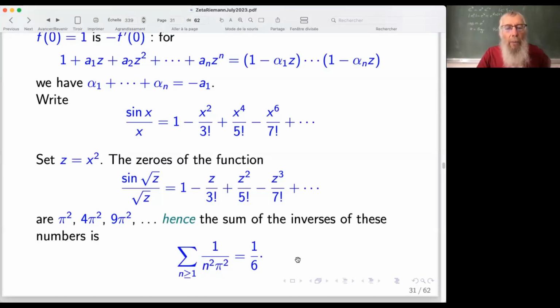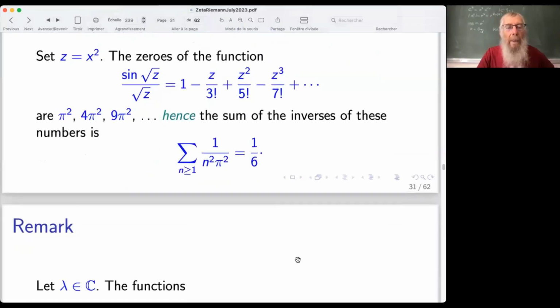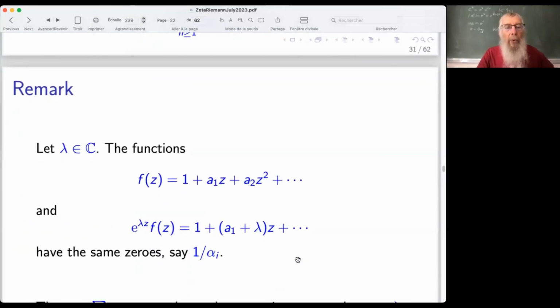Now there is a small problem with this proof. We want to extend the result from polynomials to series. If you take a series 1 plus a1 z plus a2 z squared and so on, and you multiply by a function which has no zeros, the exponential of lambda z, then the product exponential of lambda z times f(z) starts with 1 plus (a1 plus lambda) z plus and so on.